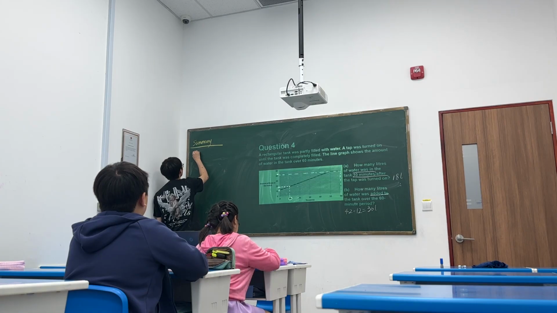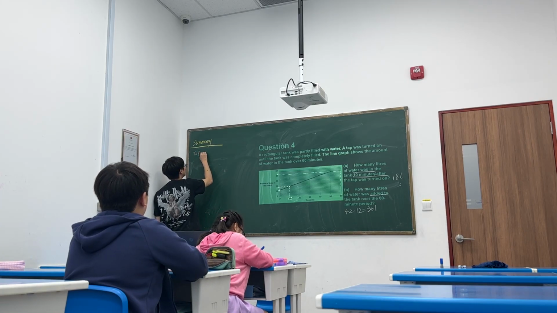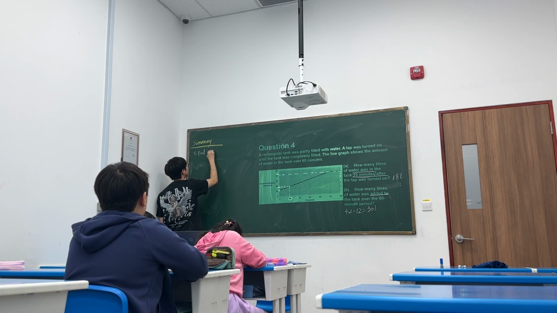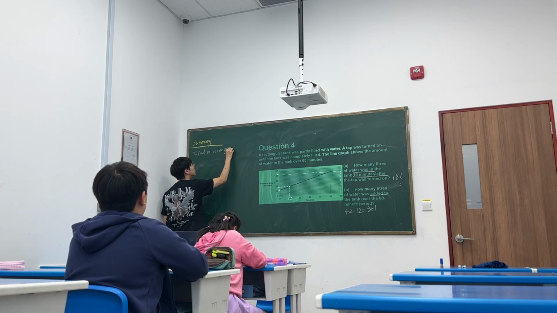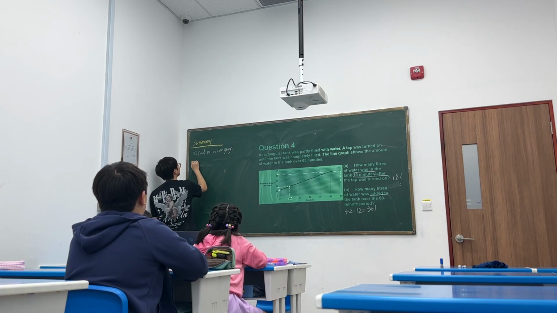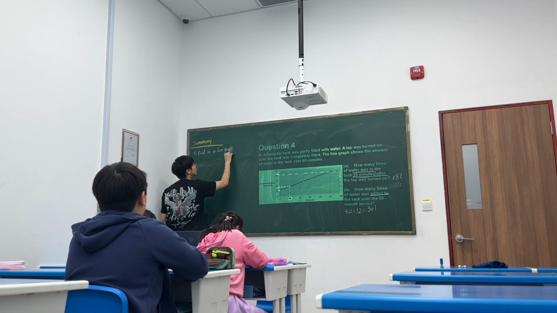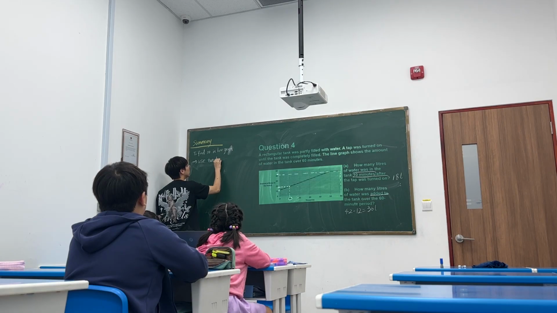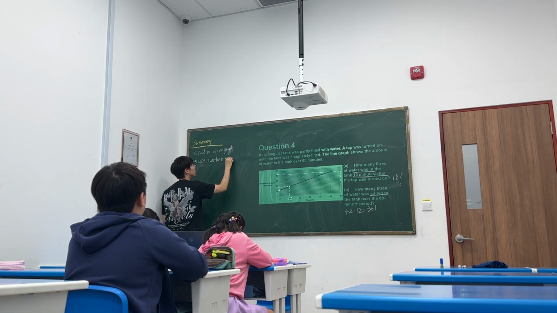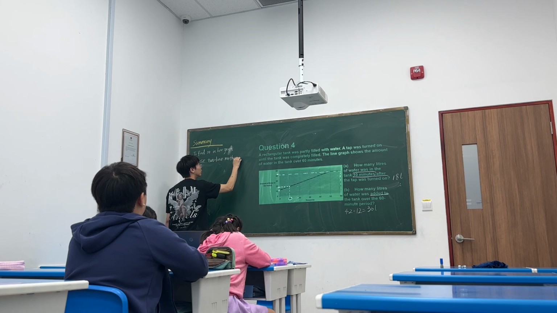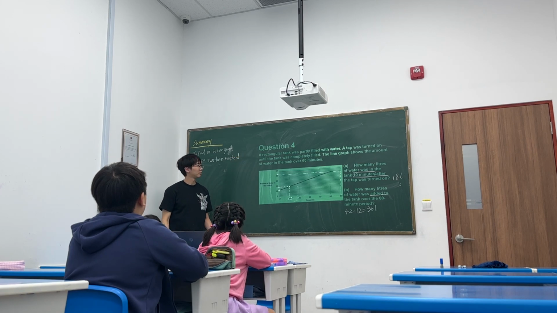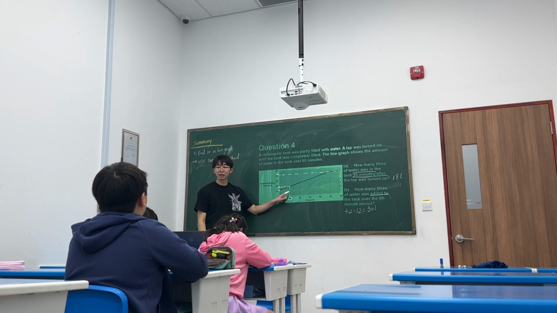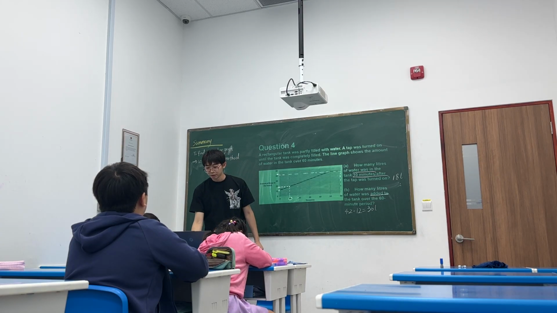So to find the number in the line graph, use the two-line method: horizontal line and vertical line to locate the value.